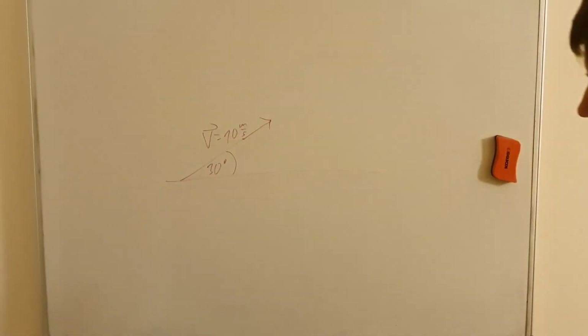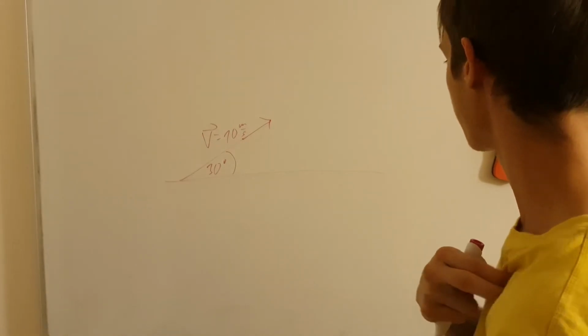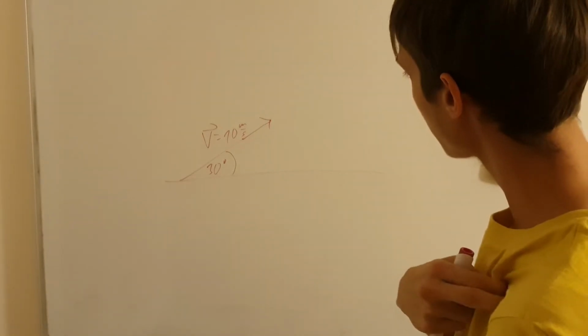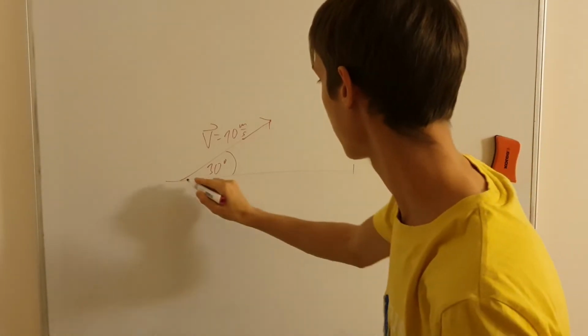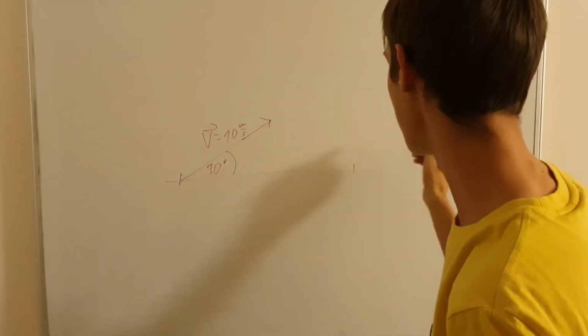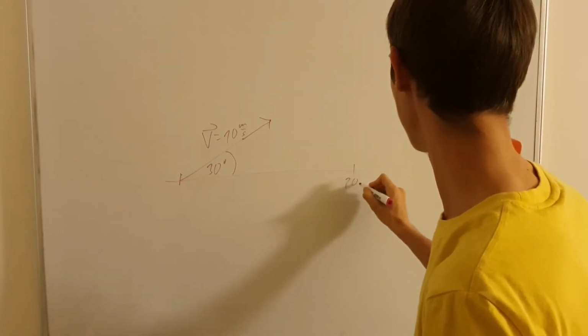All right, and what I want to find is, let's say, I want to determine in how long will it fly over this place, which is horizontally displaced, let's say 20 meters.